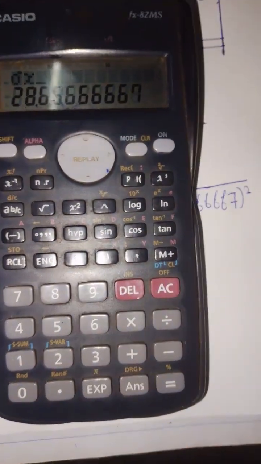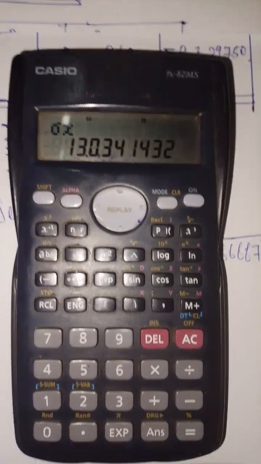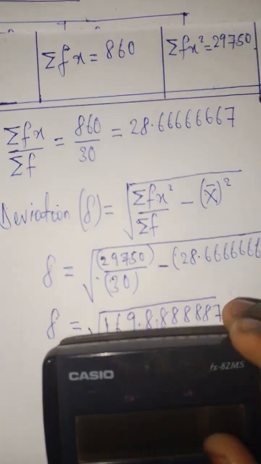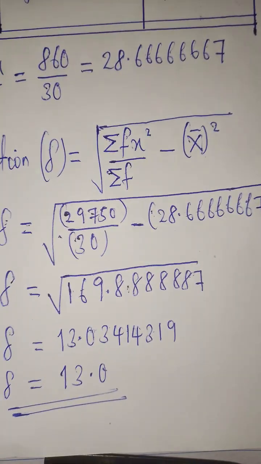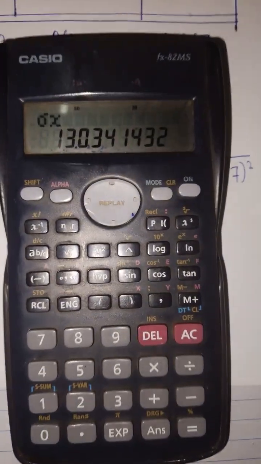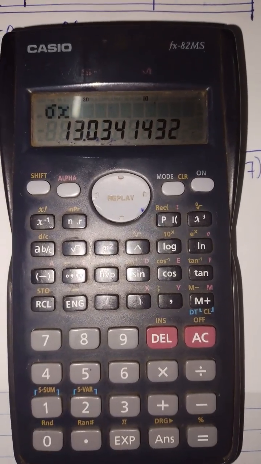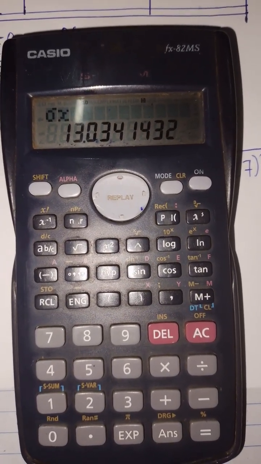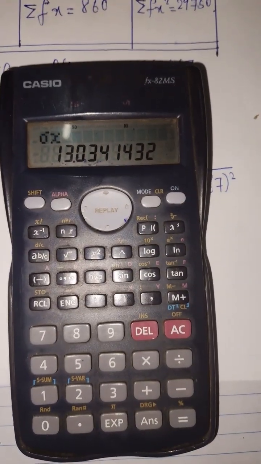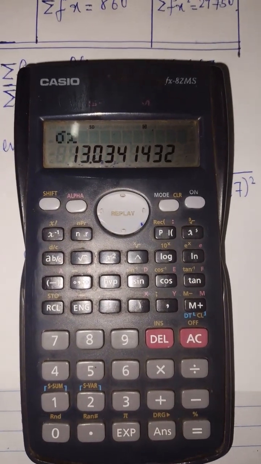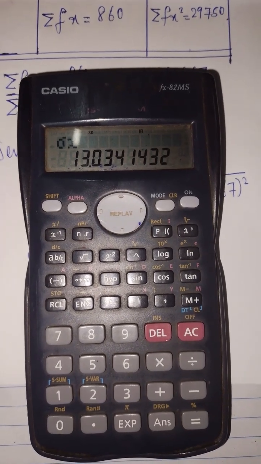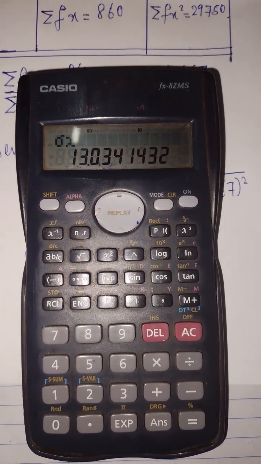So I'll just press 2, then press equals, and that is standard deviation 13.03414. The standard deviation we calculated was 13.03414319, which can be rounded off to 13.0. So basically this is how you can calculate standard deviation and also mean using a calculator.